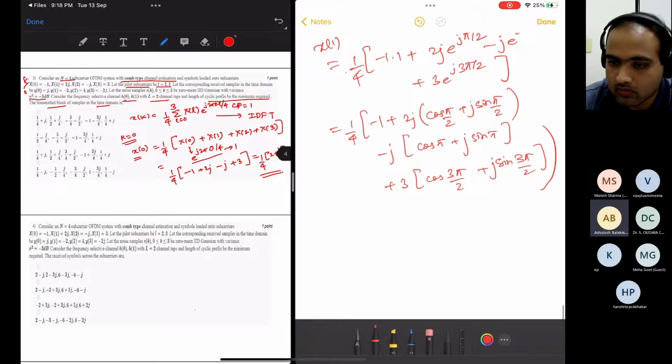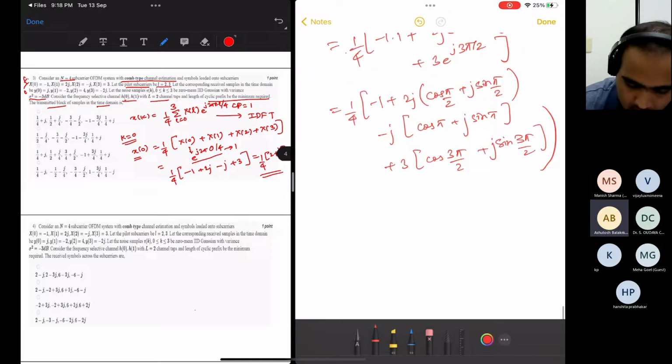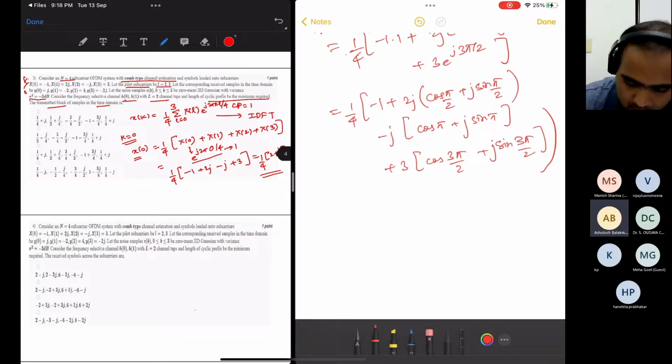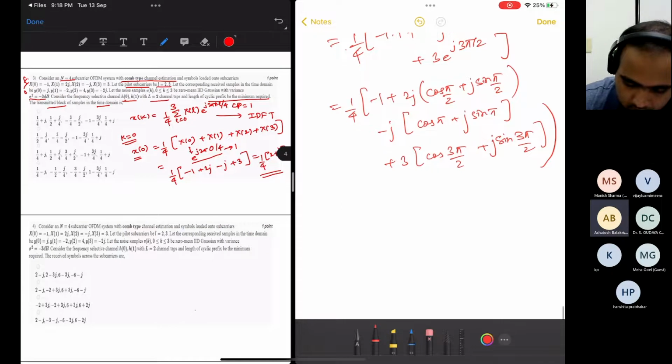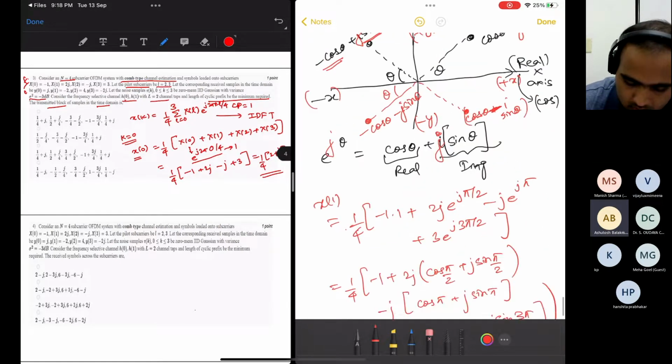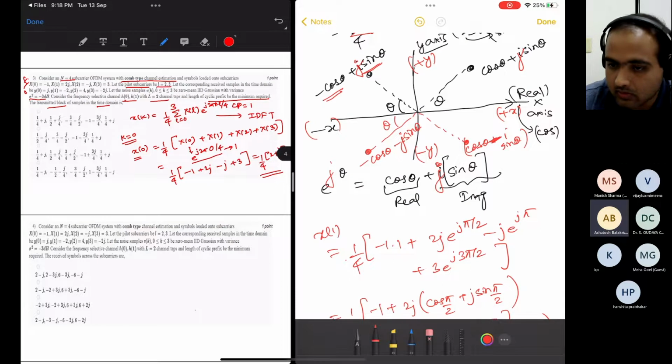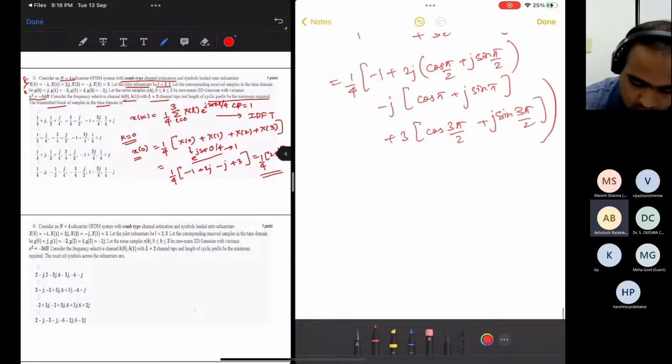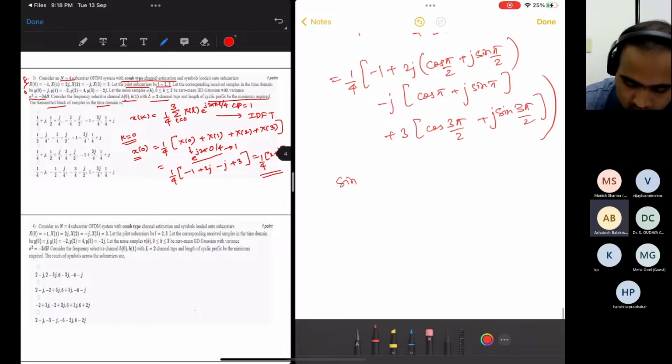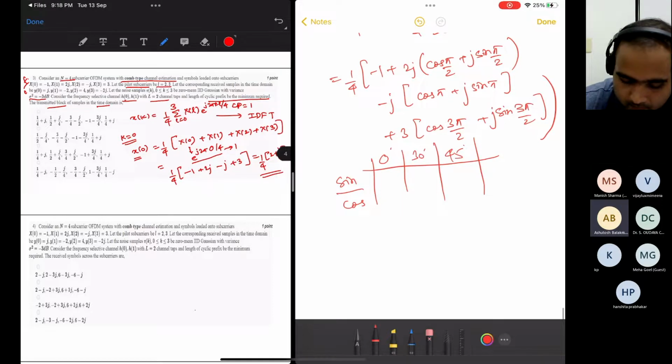Others can also intervene at any time. So we'll again use this, and you should also remember the values of sine and cos at various angles: 0 degree, 30 degree, 45, and 90 degree.